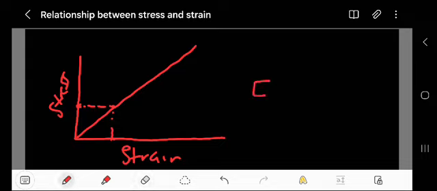If I'm calculating Young's modulus, which is stress over strain, any values that you take between these two points on this line, you'll find that it remains constant.